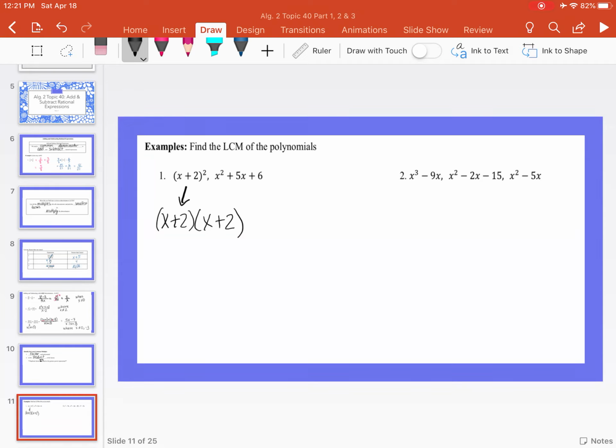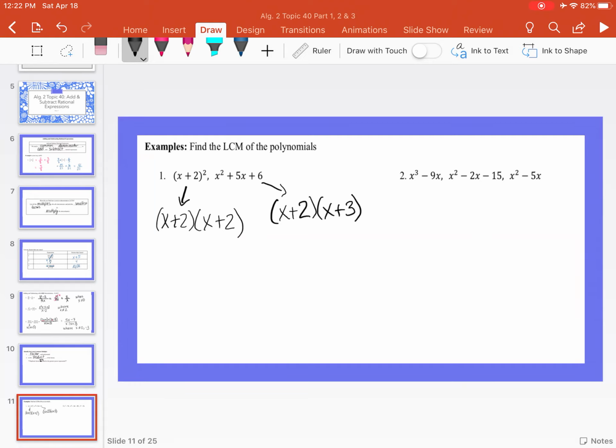Now our other polynomial, x squared plus 5x plus 6, we can factor. We need two numbers that multiply to get 6 but add to get 5. Well, we would have x plus 2 times x plus 3.